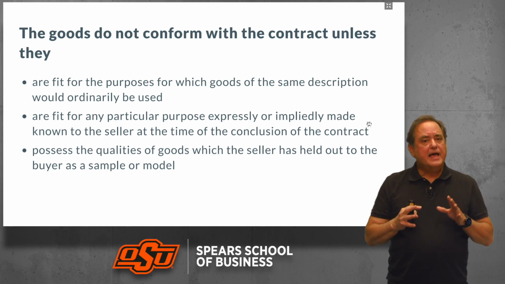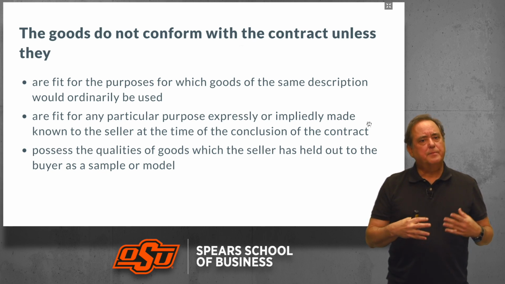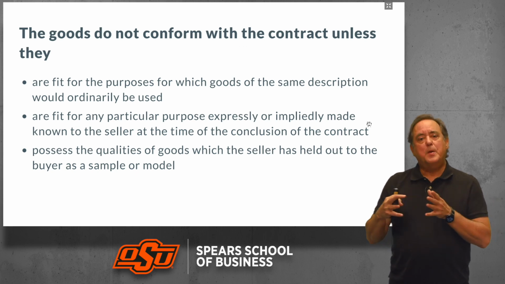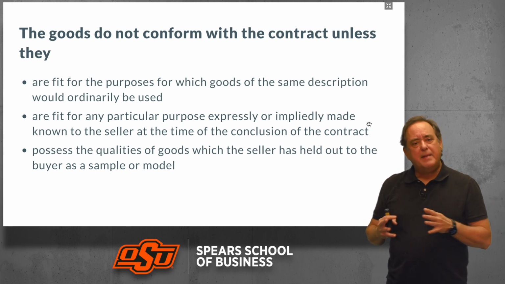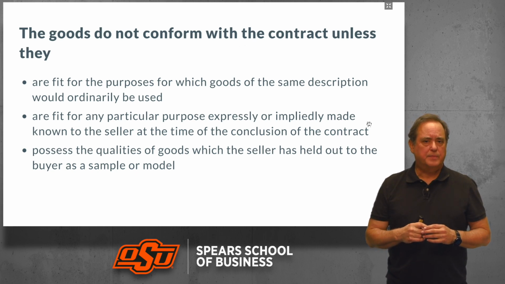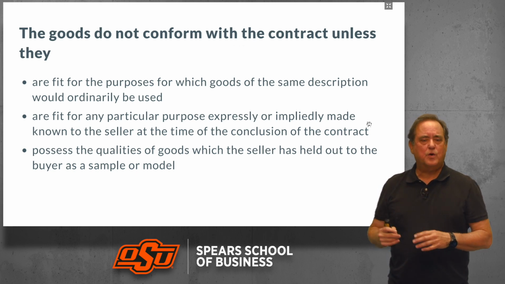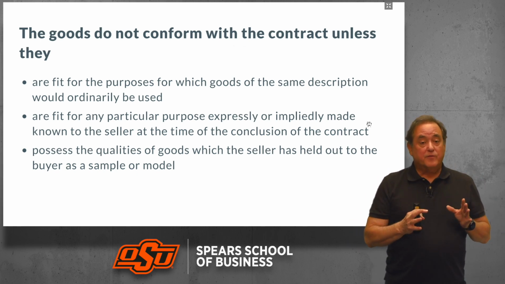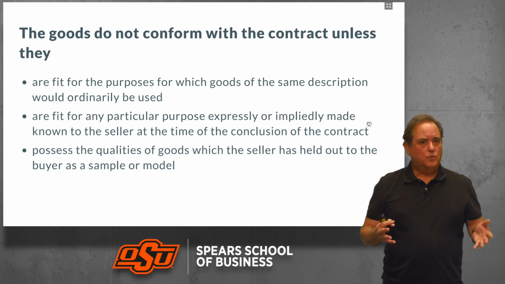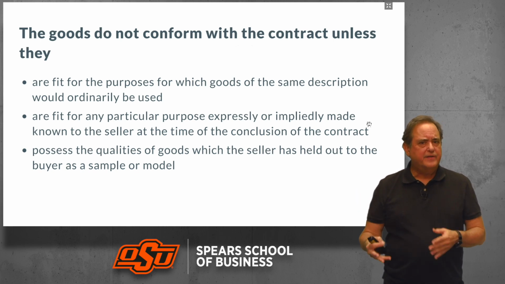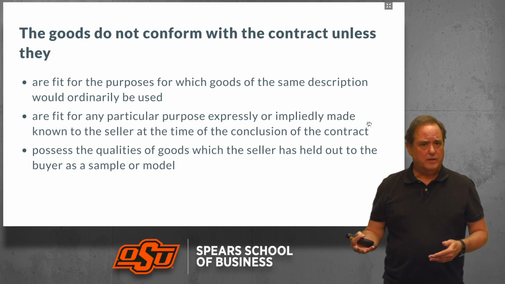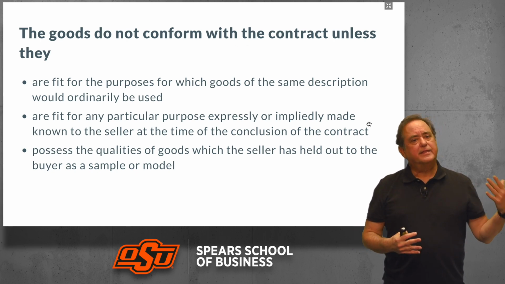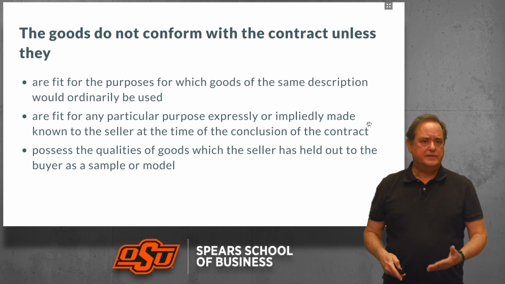If I make that known to the seller, the seller has an obligation to give me oil that matches that particular purpose, the warranty of fitness for a particular purpose. And if they provide me ordinary motor oil, which is merchantable, which would be fit for the purposes ordinarily oil is used for, but it's not fit for my particular purpose, then the seller has breached the warranty of fitness for a particular purpose.